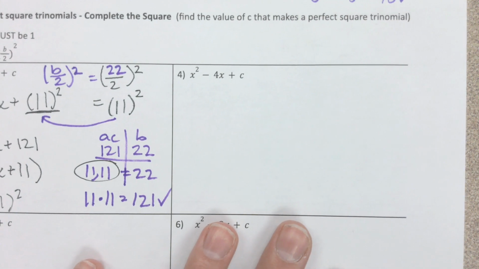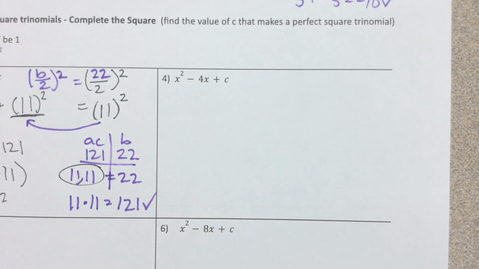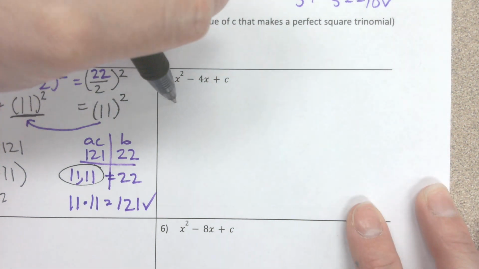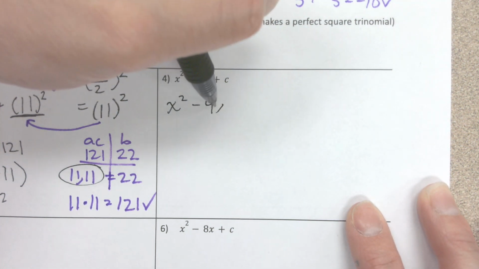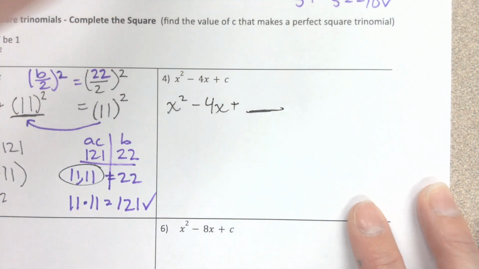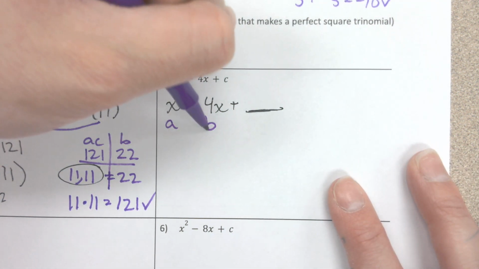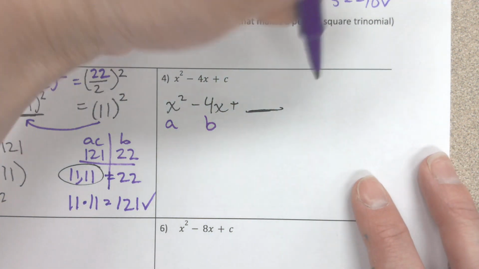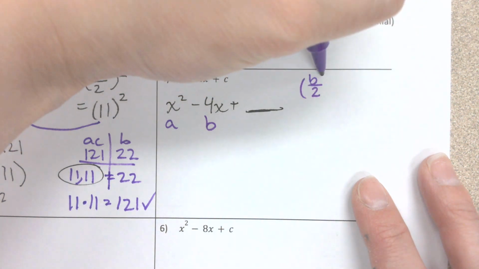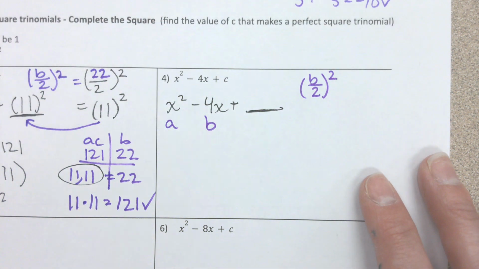Number 4, x squared minus 4x plus c. X squared minus 4x plus something. We're going to figure out what that something is. We have a, b, we're finding c. B over 2 squared, that's the little formula you need to know.